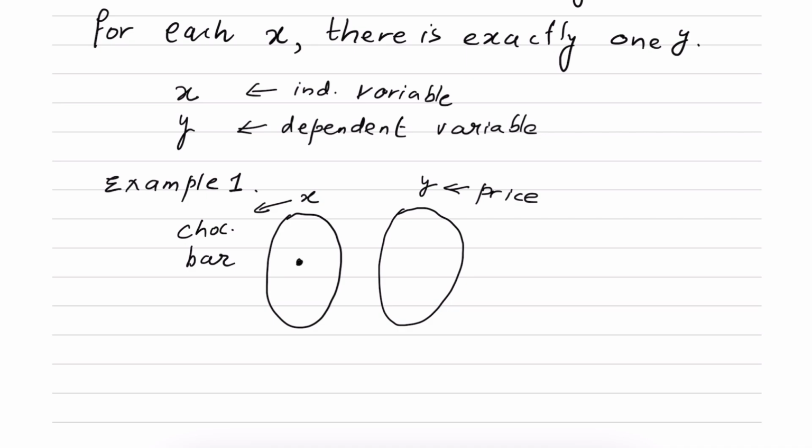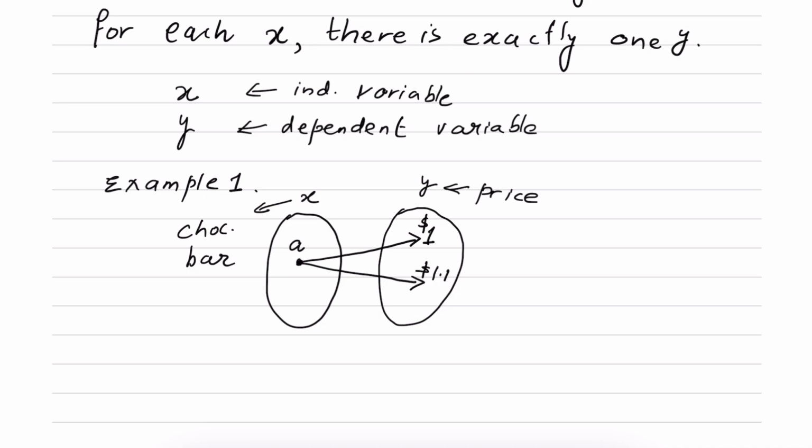Let's say there is this chocolate bar A and it has a price $1. And maybe it also has the price $1.1.